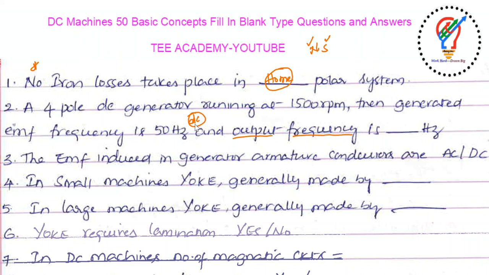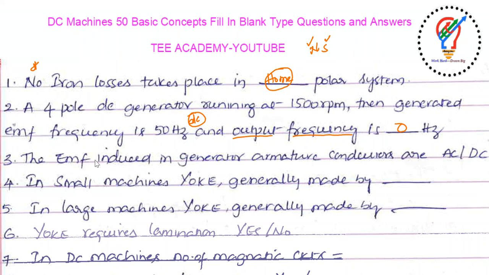The generated EMF will have 50 Hz frequency, but the commutator will convert the generated AC into DC. So DC will have an output frequency of 0 Hz. That is our second question.